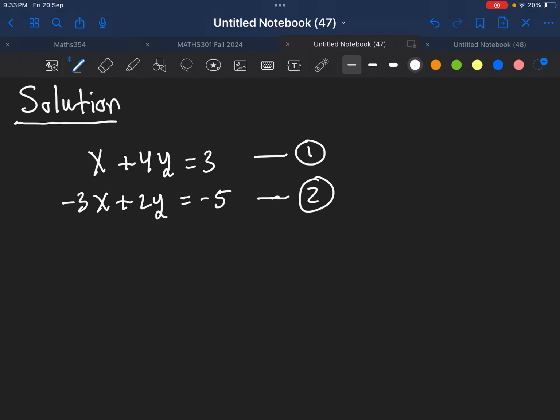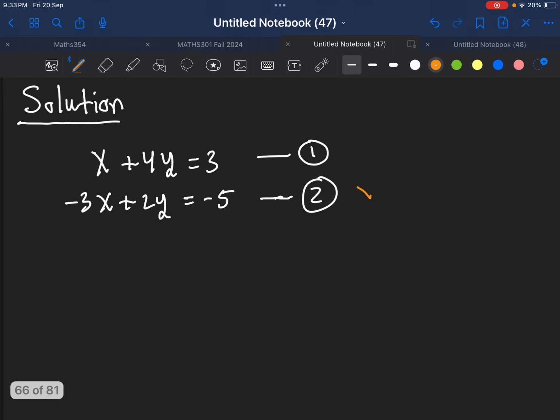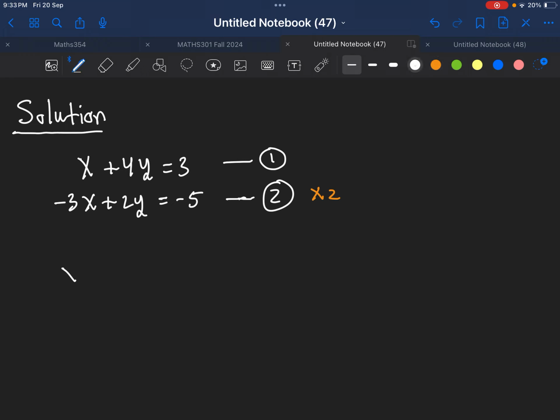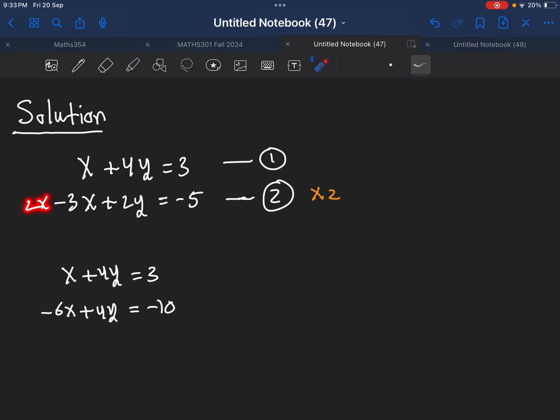So here we multiply equation 2 by 2. The first equation will be unchanged because I didn't do anything. Now the second equation will become negative 6x plus 4y equal to negative 10. Remember, you multiply everything by 2.